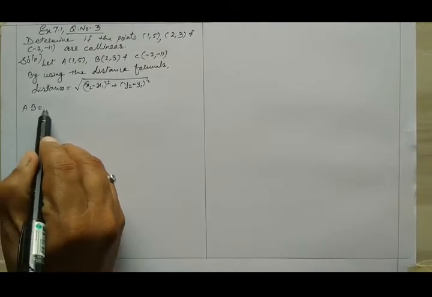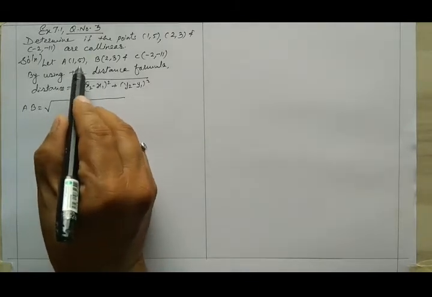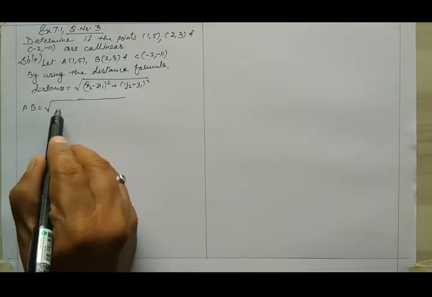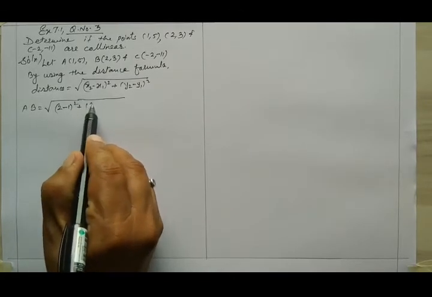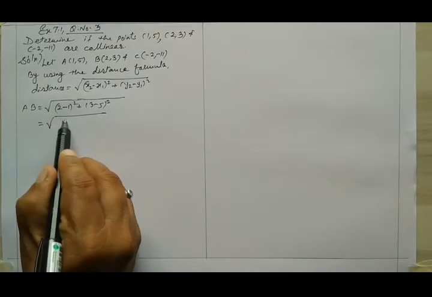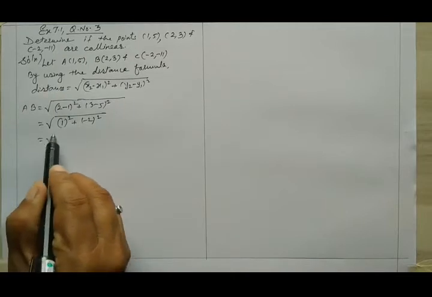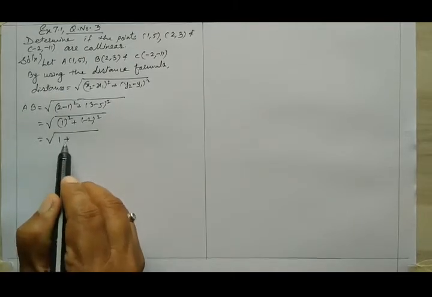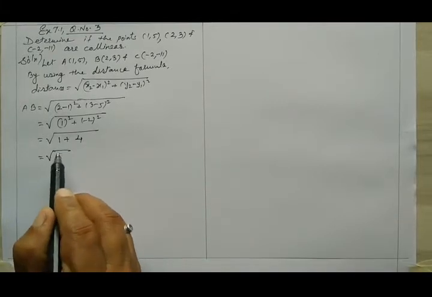So distance AB is equal to, this is x1 y1, this is x2 y2, so under root 2 minus 1 whole square plus 3 minus 5 whole square, which is 1 square plus minus 2 square. 1 square is 1 and 2 square is 4, so square root of 5.